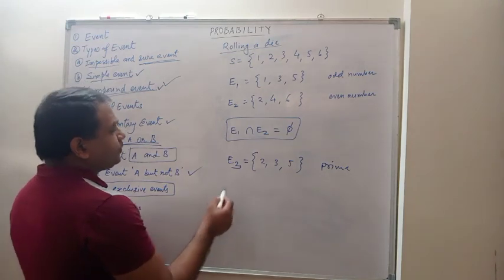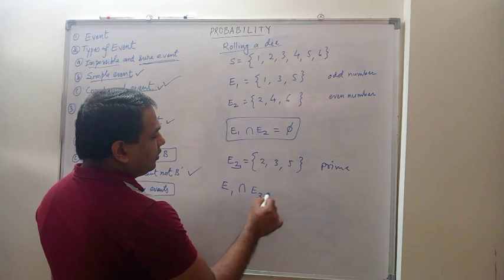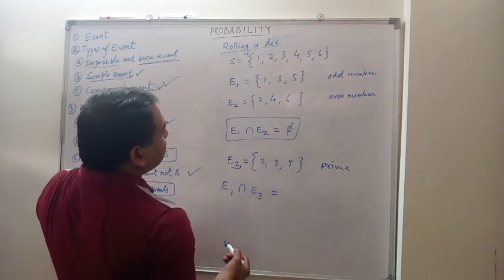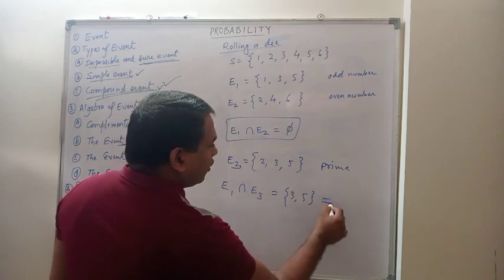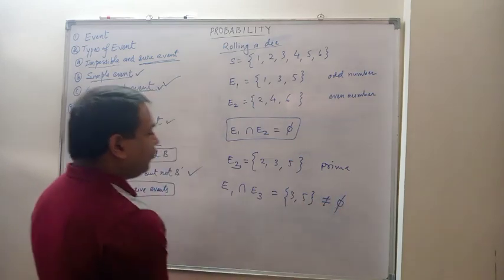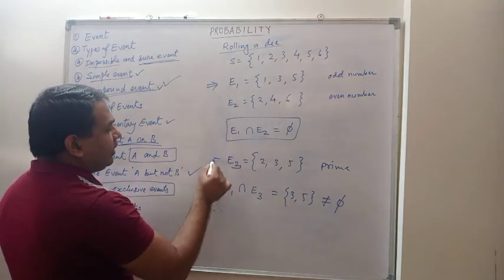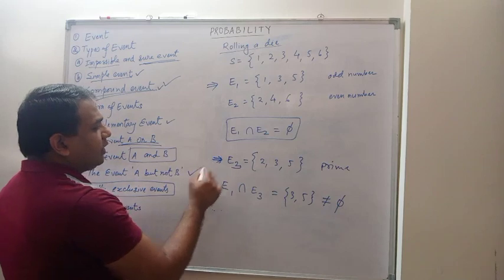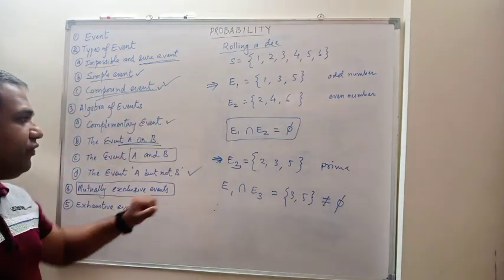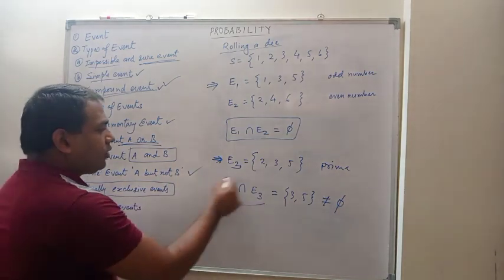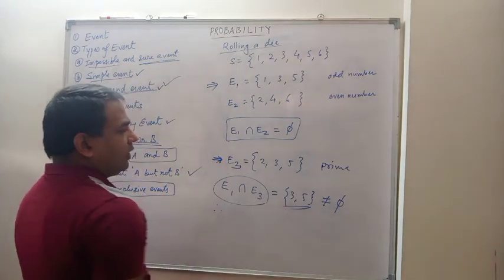If I consider E1 and E3, what I have is 3 and 5, and it is not equal to the empty set. Therefore E1 and E3 are known as not mutually exclusive events, as we are getting elements other than the empty set over there.